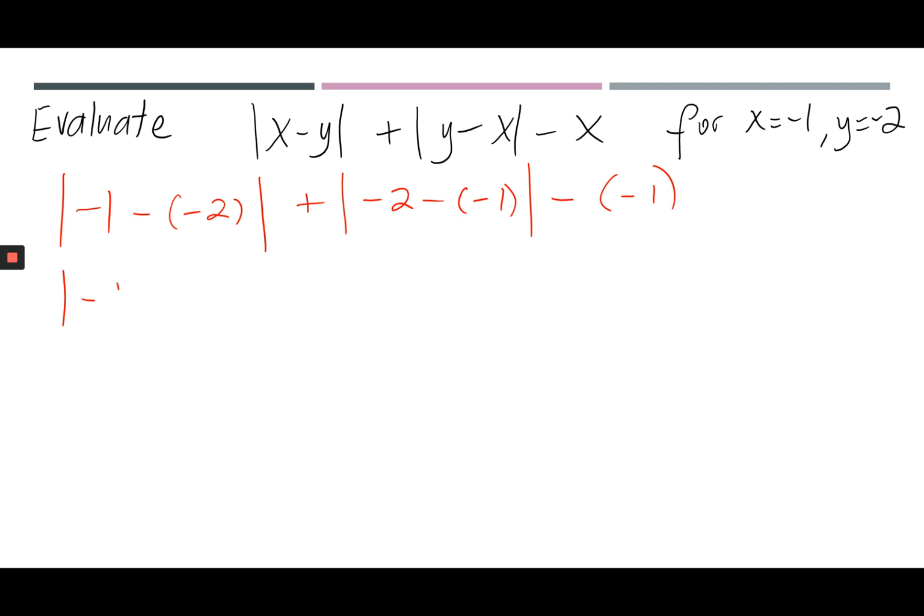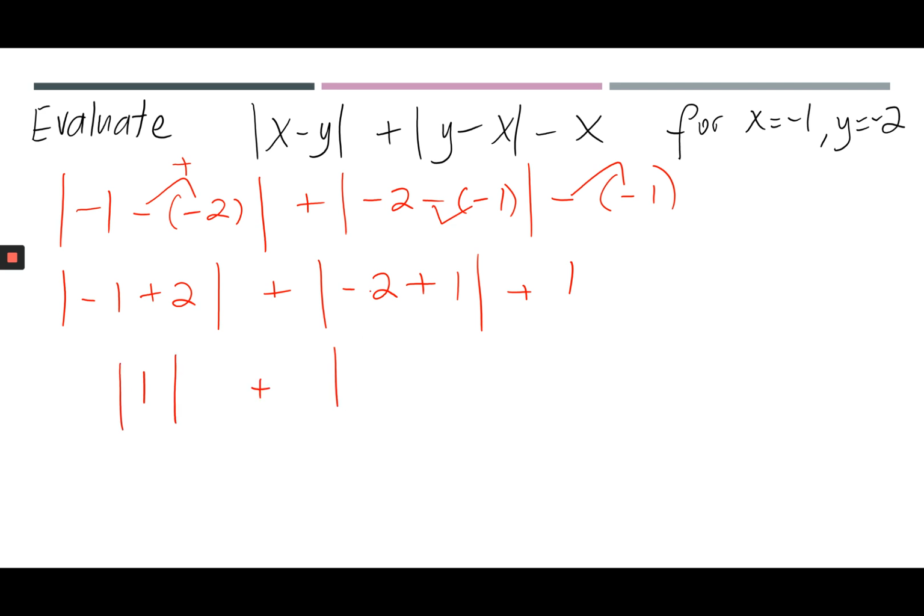Absolute value, -1 minus is going to be +2 plus -2. This minus is going to be +1, and again two negatives is going to be +1. -1 plus 2 is 1 plus absolute value -1 plus 1. Absolute value of 1 is 1. Absolute value of -1 is also 1. 1 plus 1, the answer is 3.